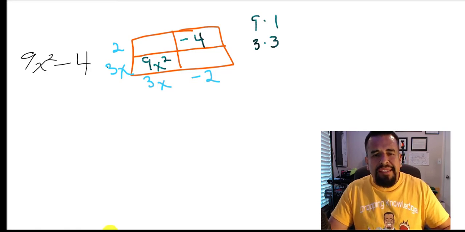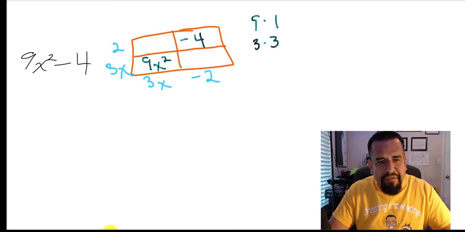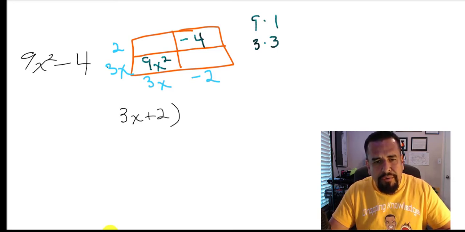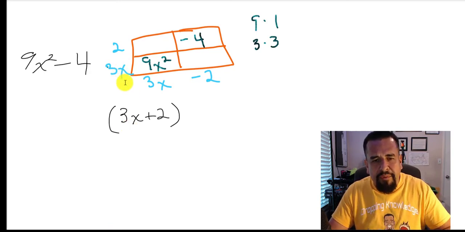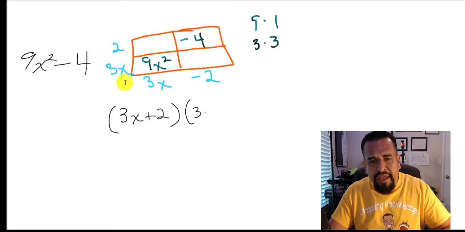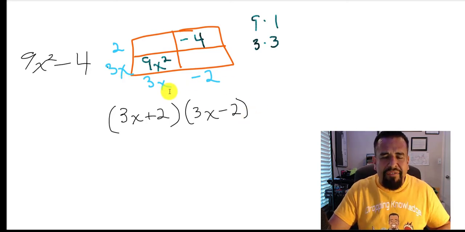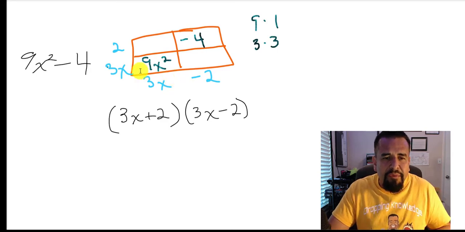Well, let's see what our area is. Right here, we have 3x plus 2, right? I got that from here. And then on the other one, I have 3x minus 2. That's what I have.